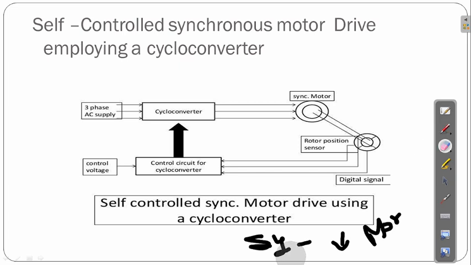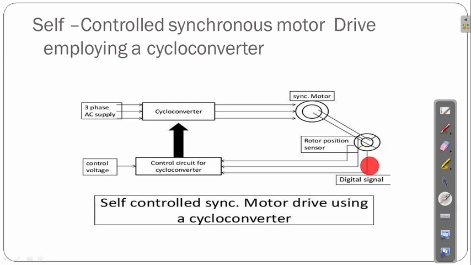This synchronous motor is connected with a rotor position sensor. From that, the rotor rotates and it gives the output to the control circuit of the cycloconverter.